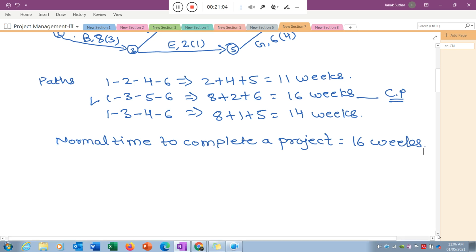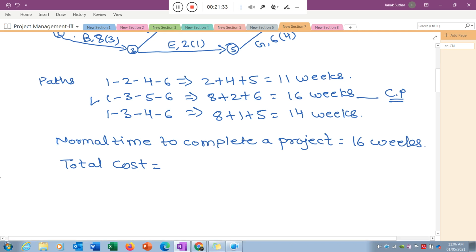Okay, so first we also need to identify the cost. What is the cost if we complete our project in 16 weeks? Please keep in mind, as we discussed in our previous numerical, the total cost is nothing but the direct cost plus indirect cost.